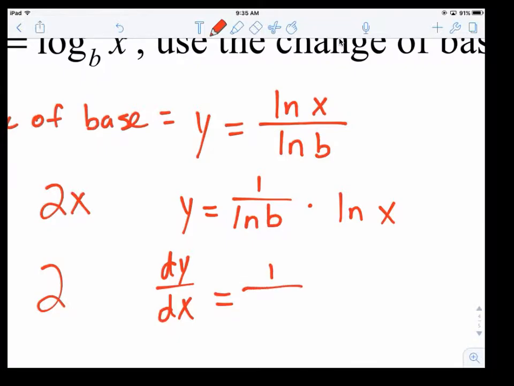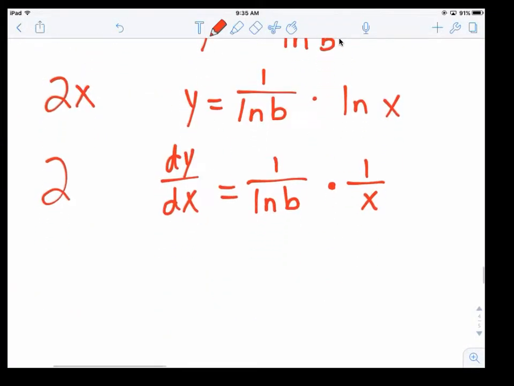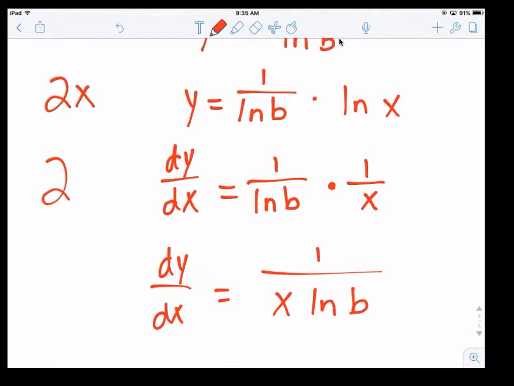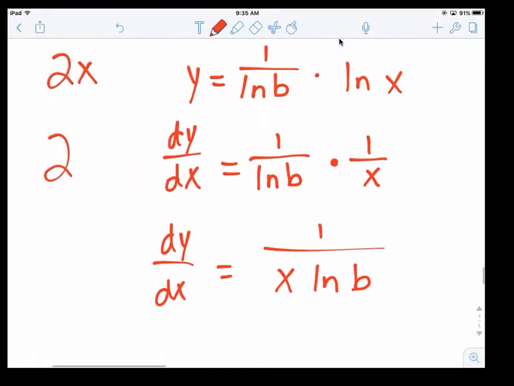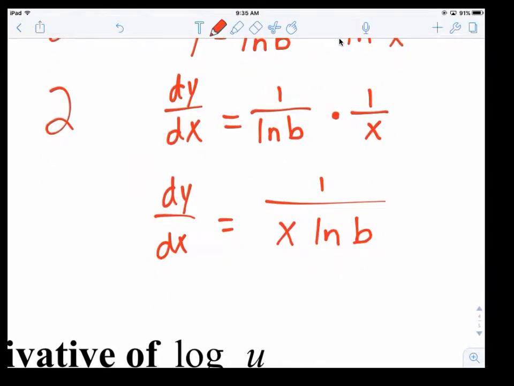And then what's the derivative of ln of x? 1 over x, right? Okay, so your final derivative would be 1 over x times the ln of b. All right, so that is the derivative for any log function, right? So it's going to be 1 over whatever you're taking the log of times the ln of the base that you're taking the log to.